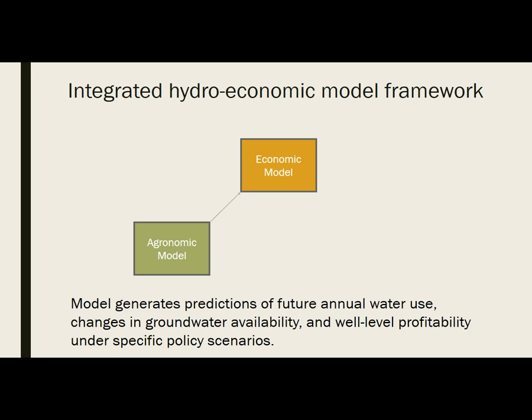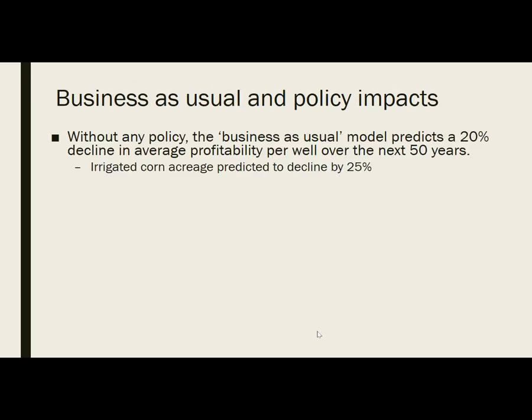Okay, so the economic model is informed through the agronomic trade-offs that the individual faces, and then the economic decisions associated with overall water use feed into a hydrologic model so that we can understand over time how the economic choices of water use translate to changes in water availability, and then how those changes in water availability impact the economic decision making in the future. Now, to begin, we run this modeling framework in the Republican Basin to understand what a business as usual scenario would look like.